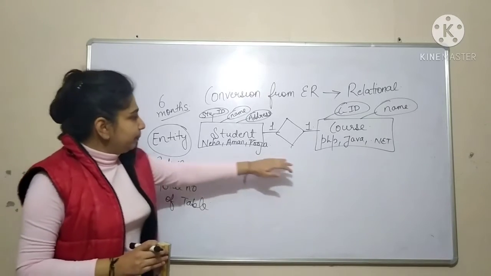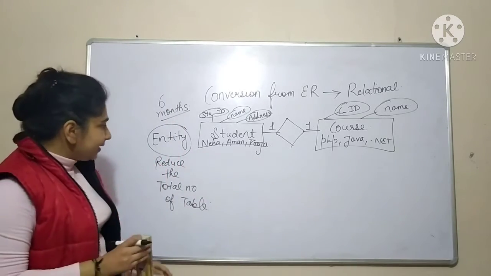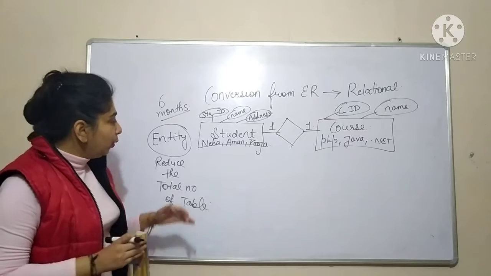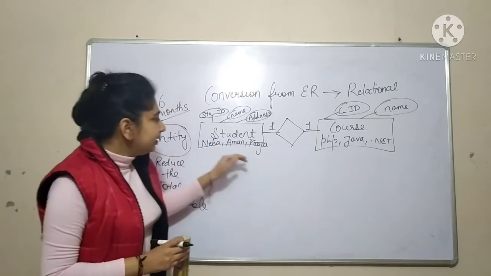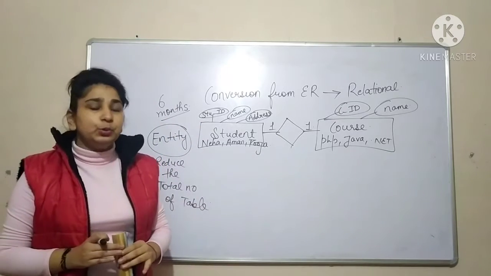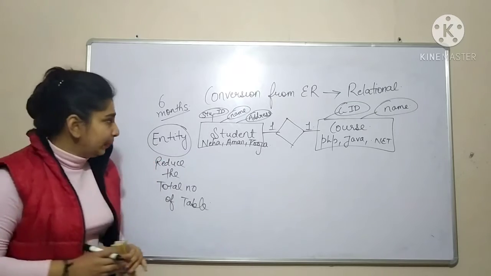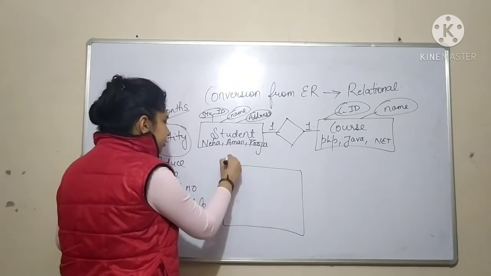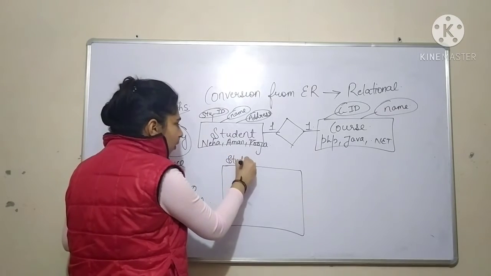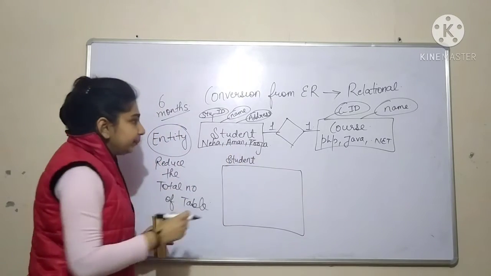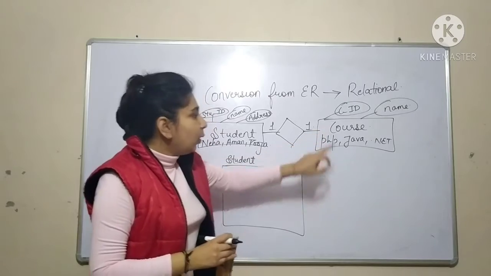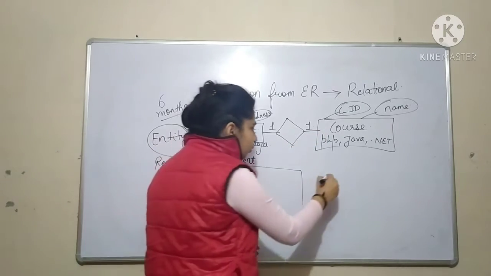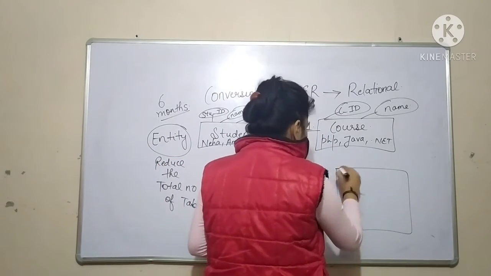Let me tell you how we are going to convert this ER model into the relational model. We have one student table corresponding to the student entity, and one table for the course entity.